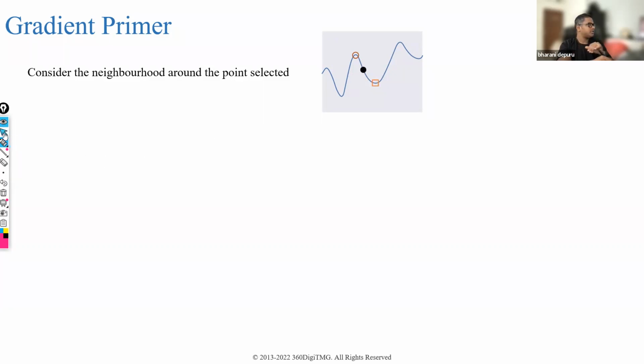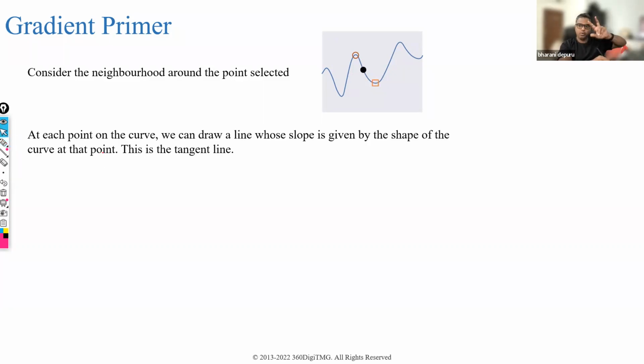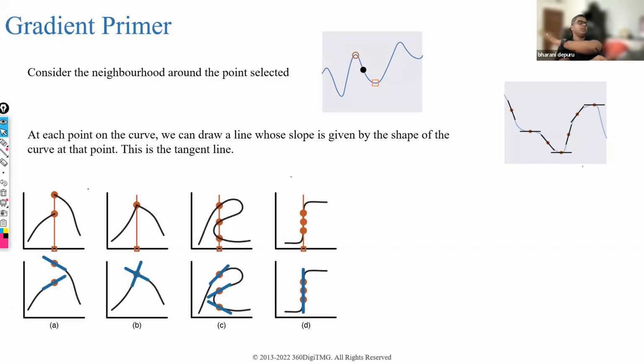So what happens is you try to look at your neighborhood across a specific point and then try to draw lines like this. These are all slopes, tangent lines, slopes. You'll understand the movement in which direction it has to move.